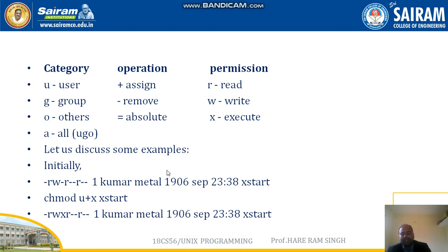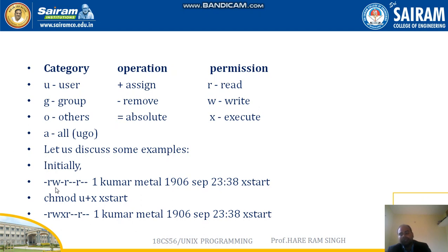Kumar is the owner of the file, and Kumar belongs to the metal group. So Kumar has permission only to read and write. It doesn't have permission to execute. Similarly, metal has permission only to read, not to write and execute. Similarly, others have read permission only. They don't have permission to write and execute.